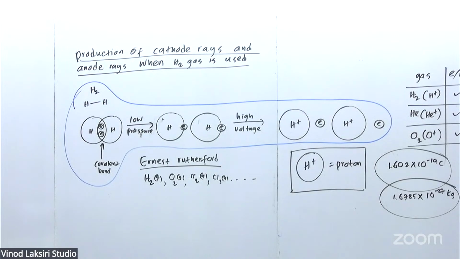Therefore, they are traveling from anode to cathode as anode rays.